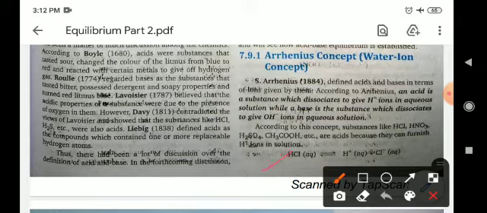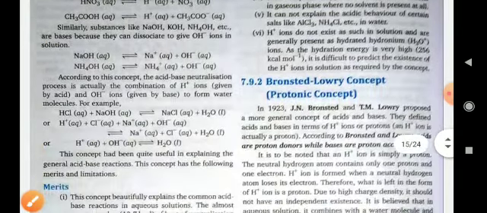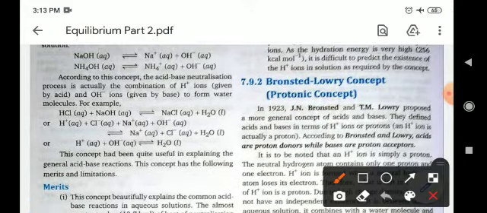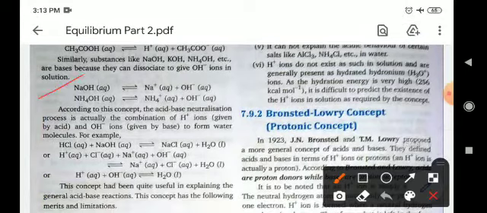HCl dissociates to give H plus ion and Cl minus ion. Those compounds which give H plus ions in aqueous medium are known as acids according to Arrhenius, and those substances which give OH minus in aqueous medium are known as bases. So this is the basic definition of the Arrhenius acid base concept.